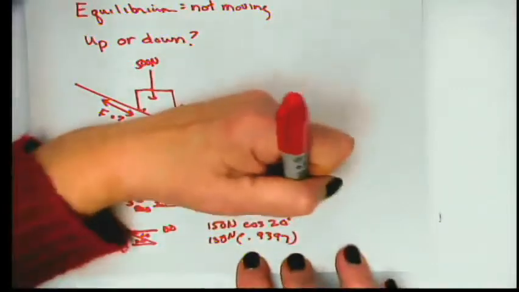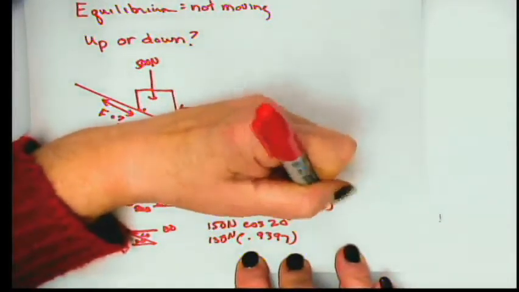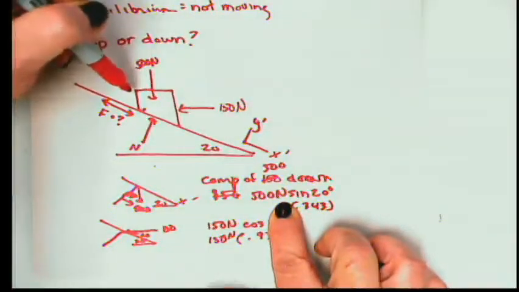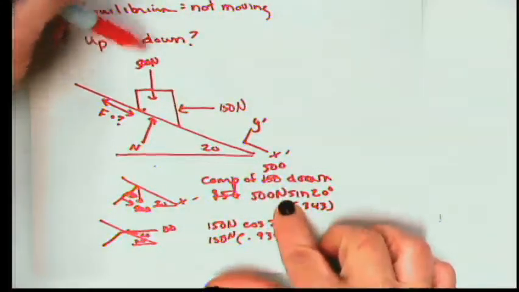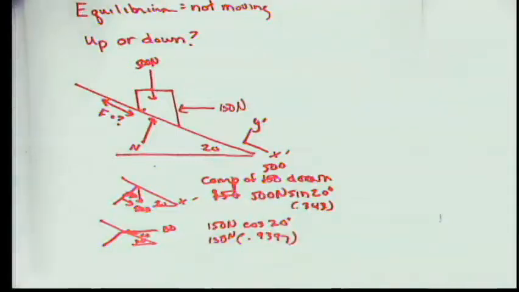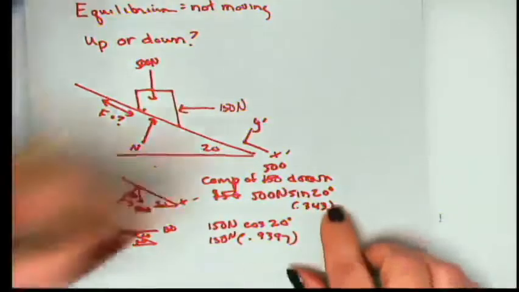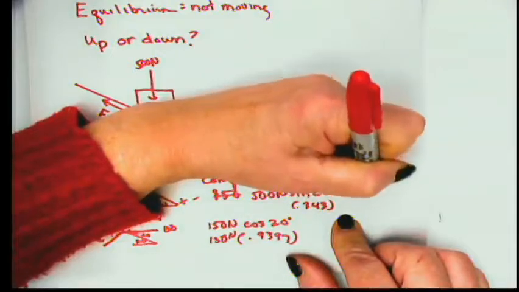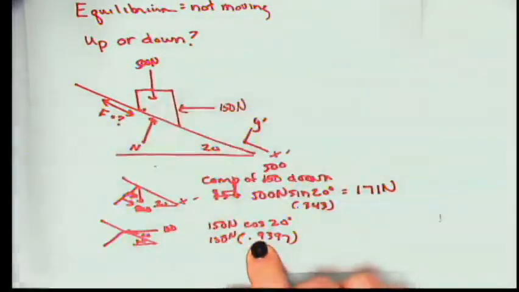All right, so that means that the 500 newton force, if I multiply those out, 500 times 0.342, this component is 171 newtons.